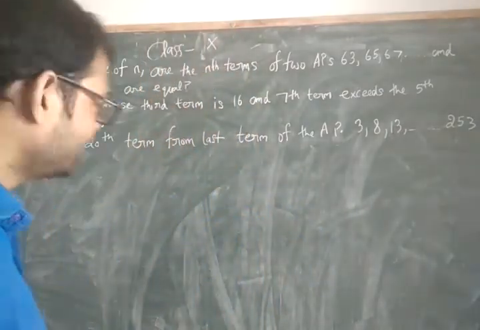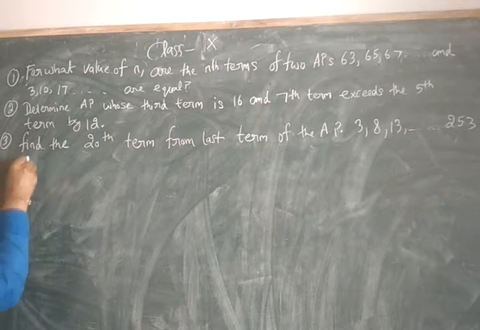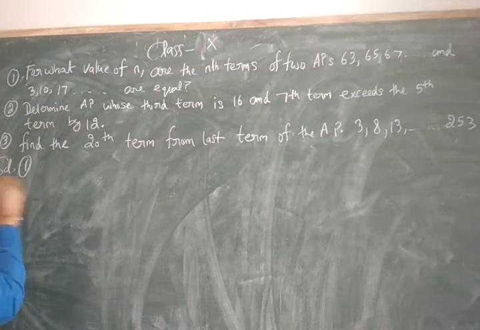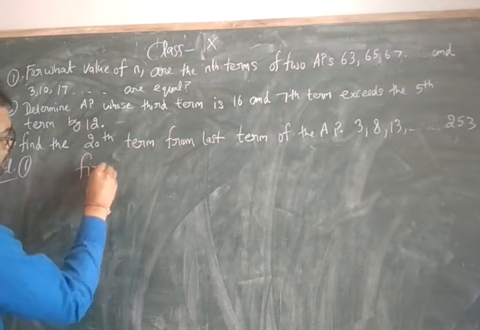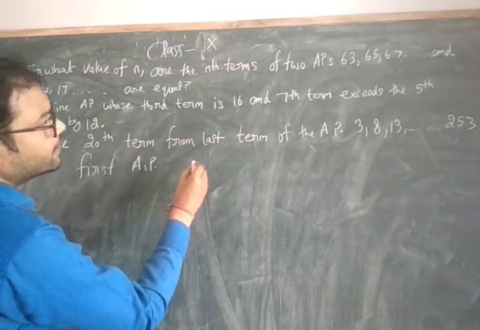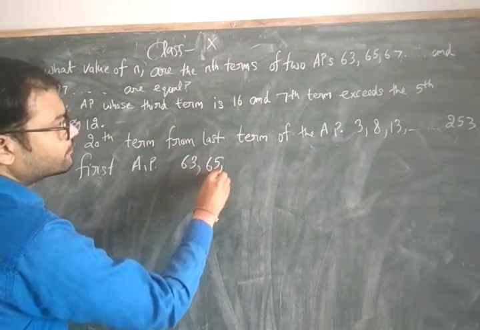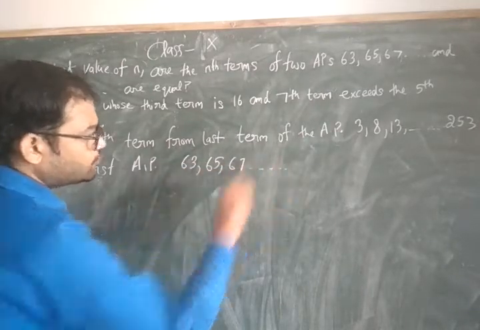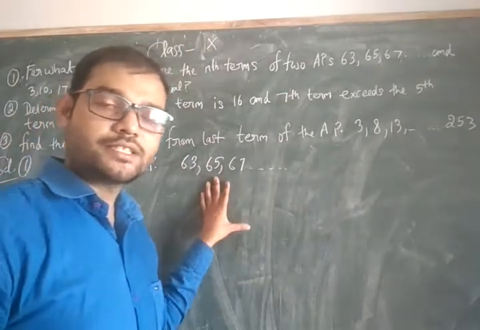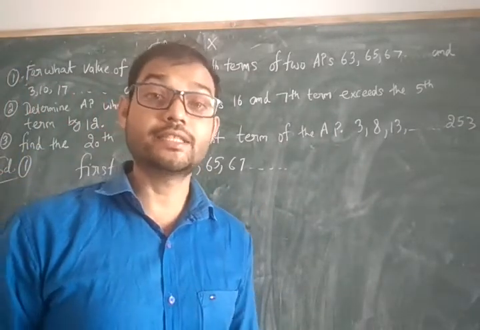So I will take the first AP, that is 63, 65, 67 and so on. You are given this first AP, and for this first AP we will find the nth term.